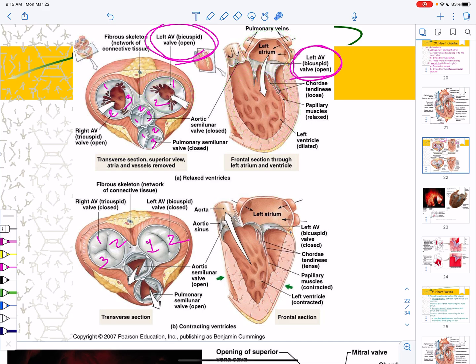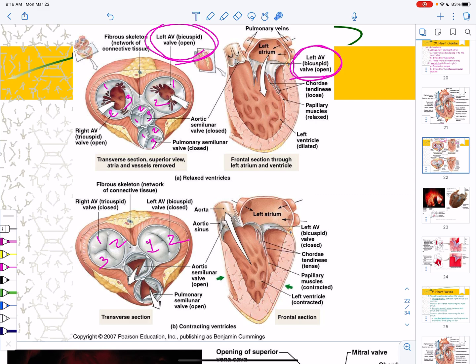Okay? On the right side of the heart, the atria would be above here, and the blood is going into the ventricle, which would be below this white arrow here, down in here. Okay?